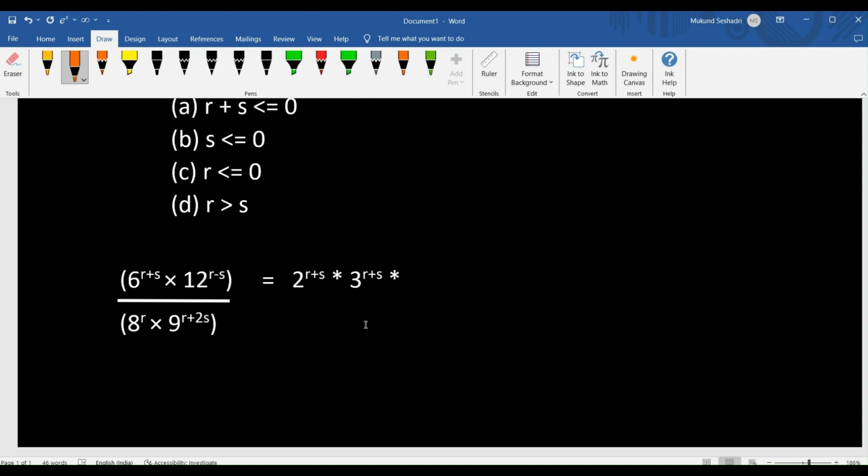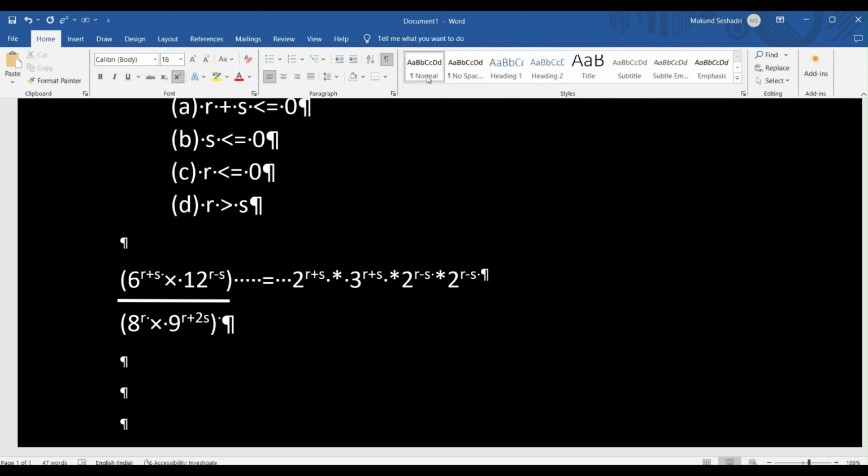Similarly, 12 is 2 into 3 into 2, right? So I have 2 to the power r minus s, and again, I write it as 2 to the power r minus s into 3 to the power r minus s, right?